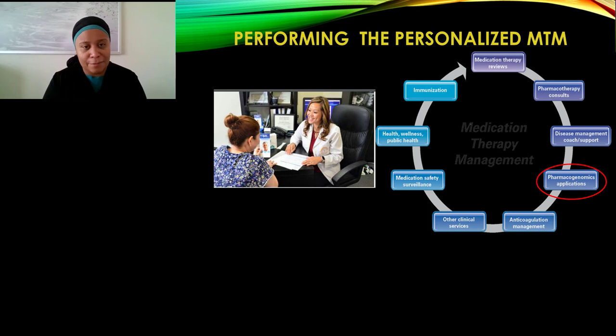We are now in a value-based delivery healthcare model. So having this information, I feel, is playing a huge role as we want to lower our hospitalization due to inappropriate medications, and we want outcomes for our patients. So I felt like this was very timely.